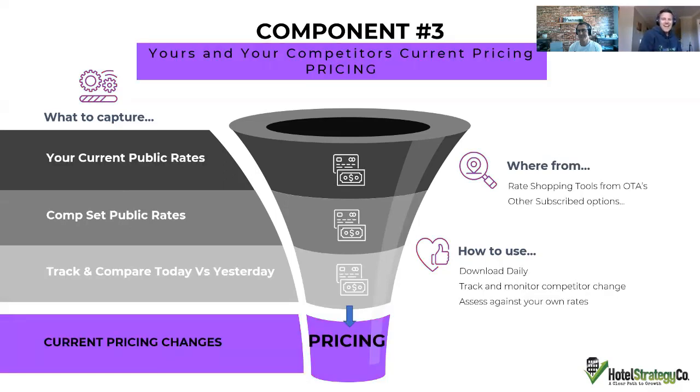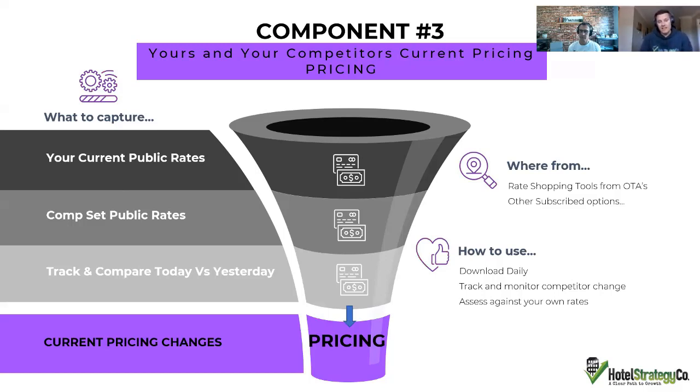Component 3 is your pricing. So once you have your BOB and your pickup, you want to put that into context with what's going on with your price. Price is one of the levers that you can use to impact your demand and get rid of some of your rooms, or potentially get a higher ADR out of them. So you look at your pricing, but it's also important that you compare it against your competitors.